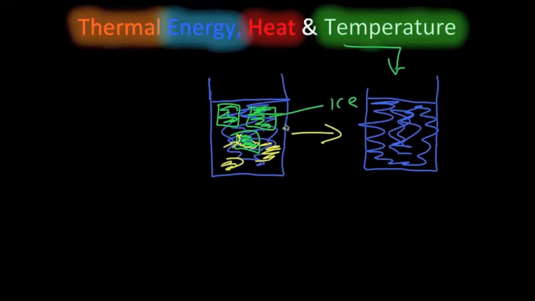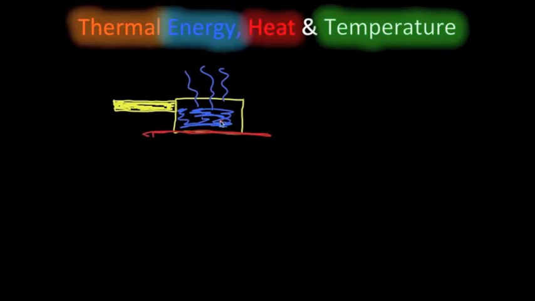So the overall temperature of this system dropped because the average kinetic energy of the molecules has dropped, but the overall thermal energy has remained the same because the heat was transferred from the room temperature water into the frozen ice cubes and caused them to melt. Because remember, heat travels from the warmer area, from hot to the colder area.